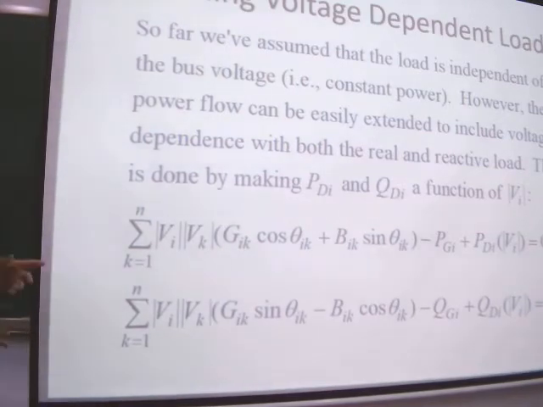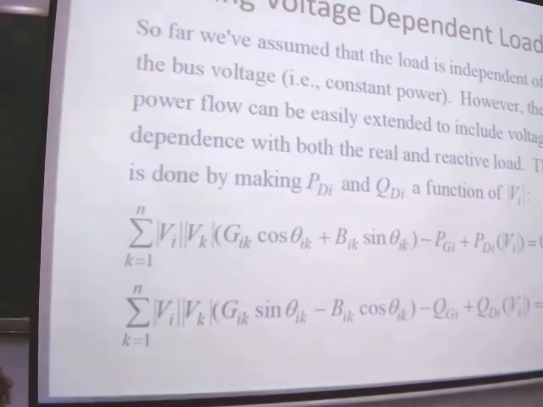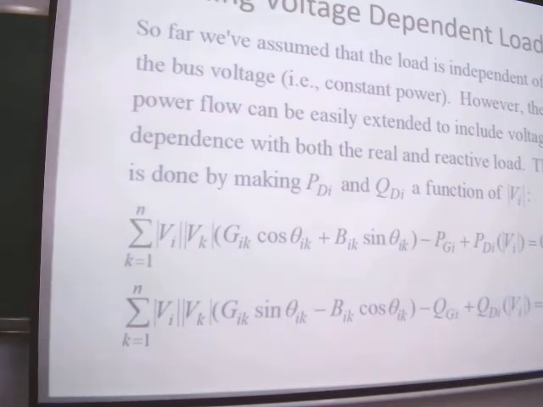But for this, we need to consider that the nodes were dependent on the voltage. Constant power, because the power flow can be easily extended to include the voltage dependence with both real and reactive nodes.